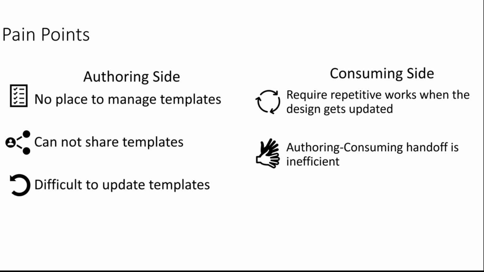For the consuming side, the biggest pain point is that it requires a lot of repetitive work when the design gets updated. If the authoring side updates the template, the consuming side needs to find the JSON templates, copy them, and paste them into their current code base. So the authoring and consuming handoff is very inefficient and manual.